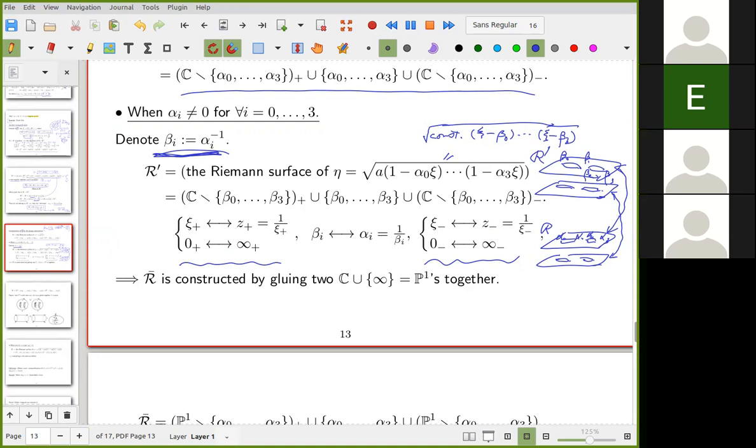So from these two sheets, we have P1. From these lower sheets, we have another P1.